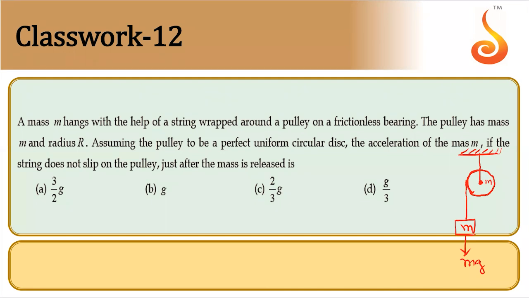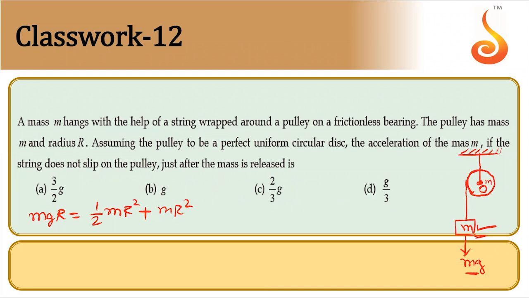See, the torque exerted by this weight is mgr. This should produce torque in the disc. So the moment of inertia of the disc is half mr square, plus due to this mass there is moment of inertia about the center of the disc, I'll call it O. Due to the hanging mass there is one more term, that should be mr square.